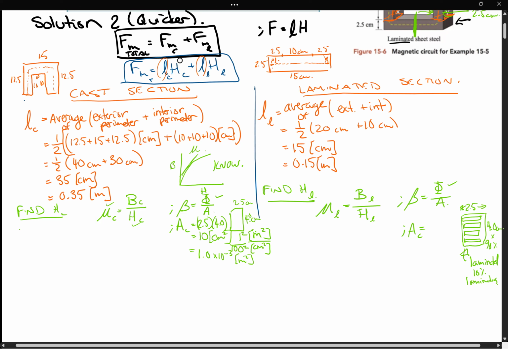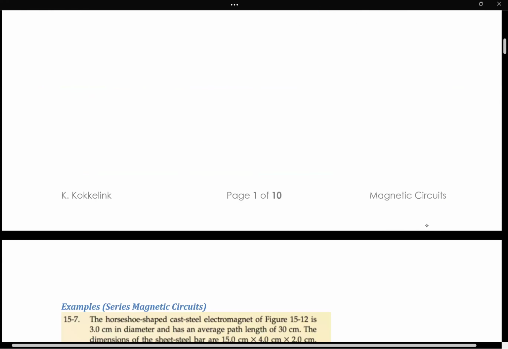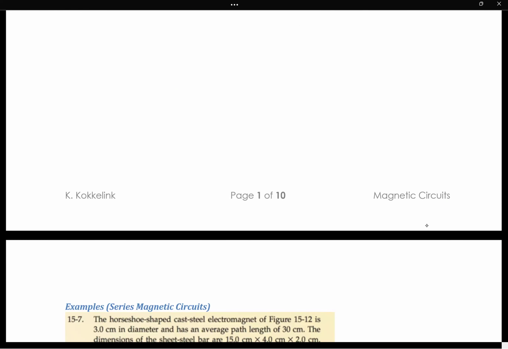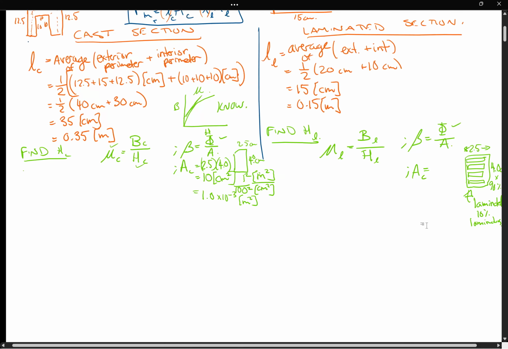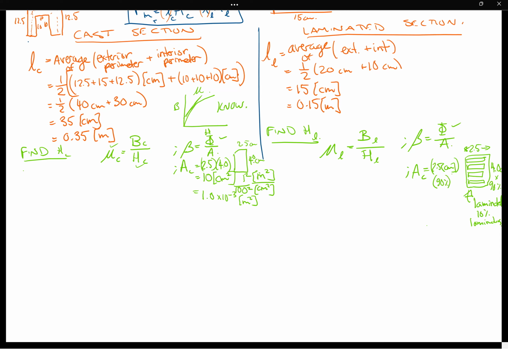So area in this case is 2.5 centimeters times 90% of 4.0 centimeters, and I'm squeezing it in there, which is 9.0 centimeters squared.